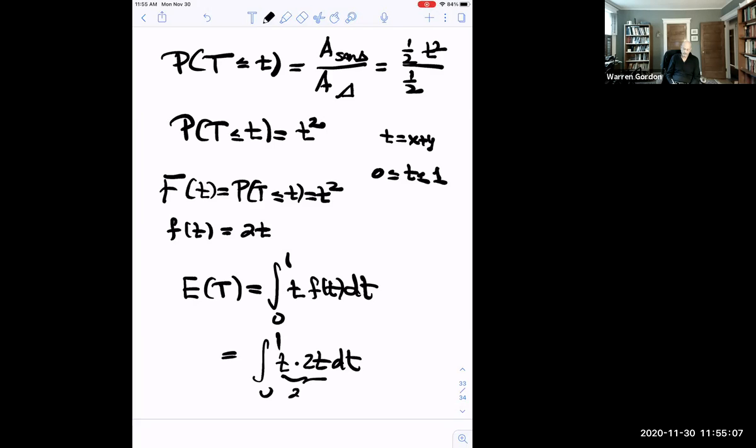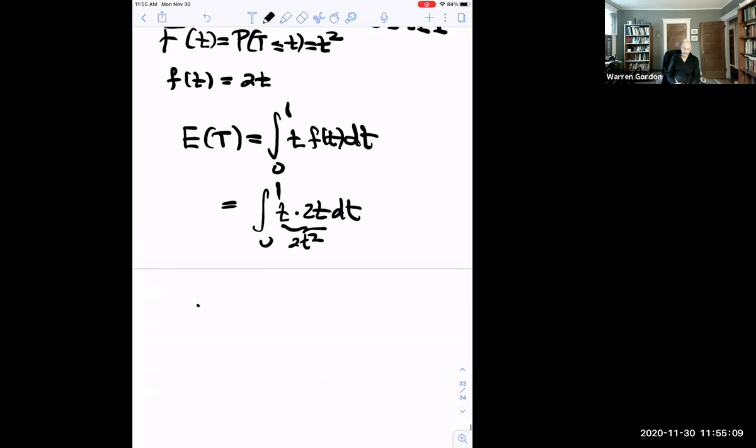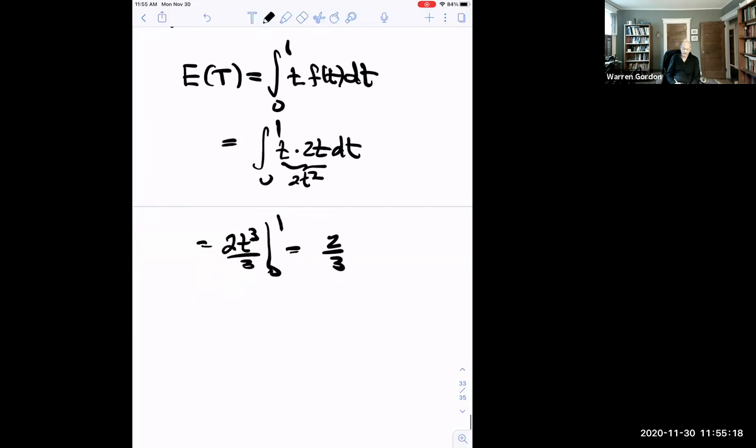Notice this is 2t squared. So if I integrate that, I get 2t cubed over 3, from 0 to 1, and that gives me 2/3. So the expected sum of the two coordinates in that triangle, if you chose any point at random, would be 2/3. That's an interesting question. Okay. If you look at some other examples in the text, I'm not doing those now.